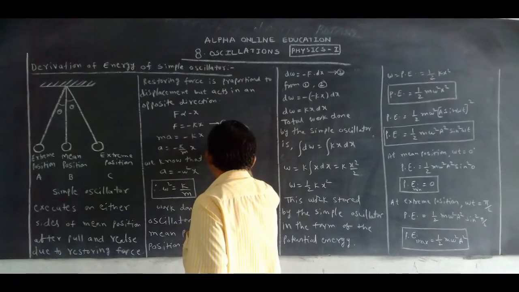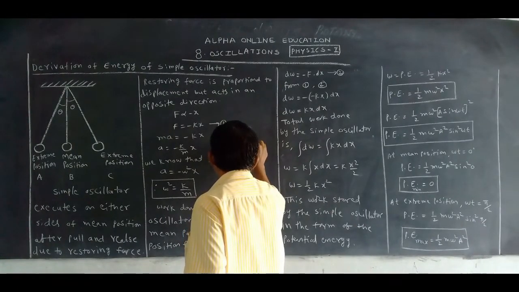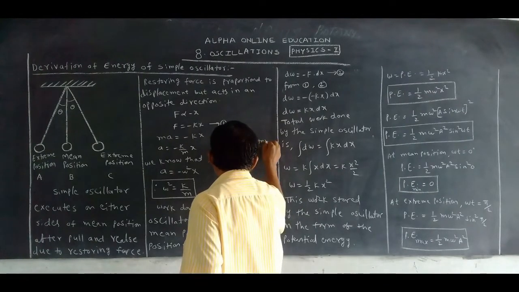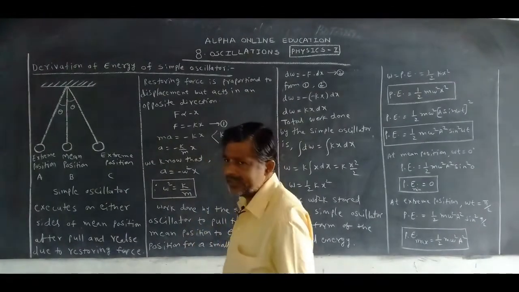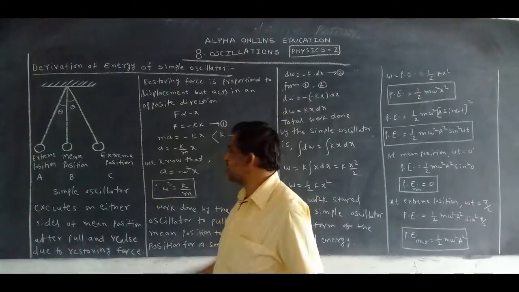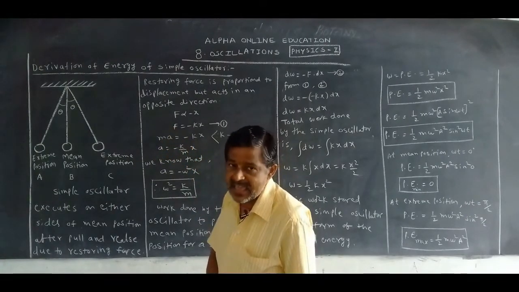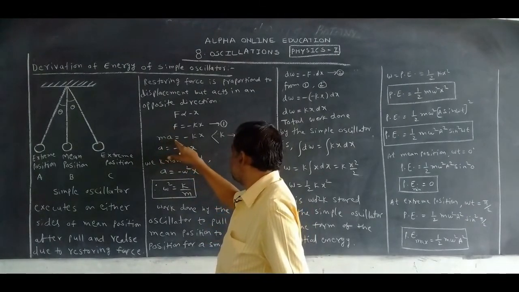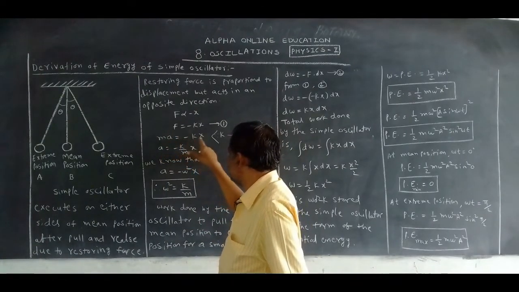k is called the force constant. According to Newton's second law, F is equal to how much? ma. So ma is equal to minus kx.